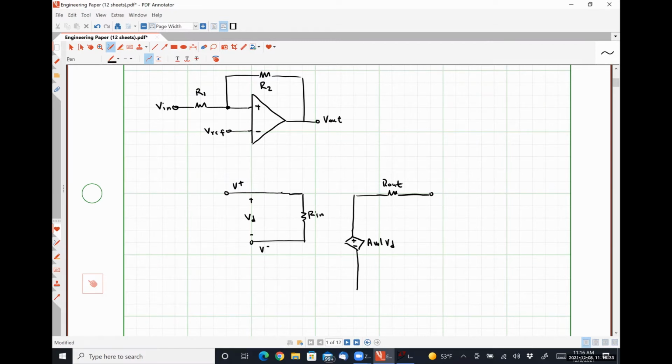There's my output resistance. Here's my output voltage V out. Okay, so that's my practical op-amp model. Now I need to connect things, right? So between my inverting input terminal and ground, I have some voltage V reference.